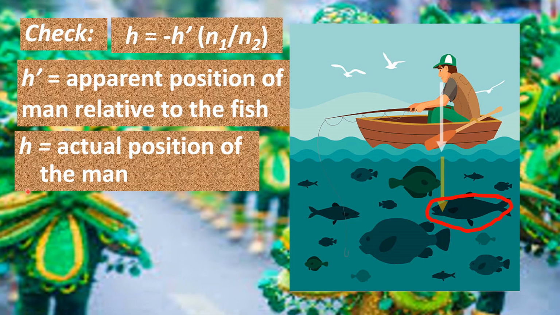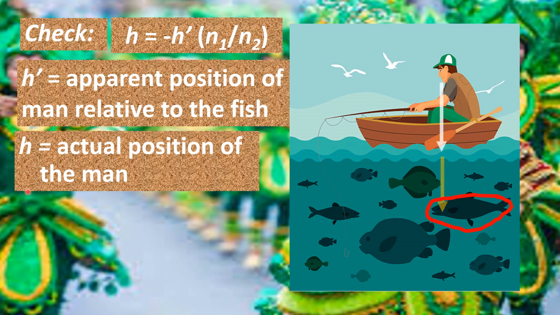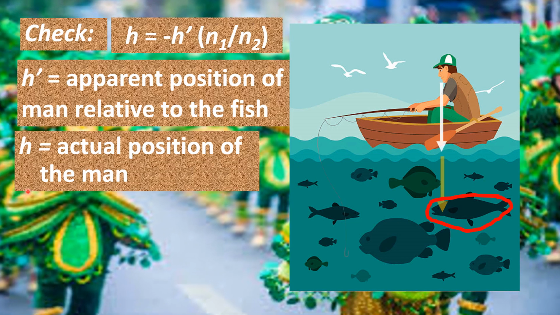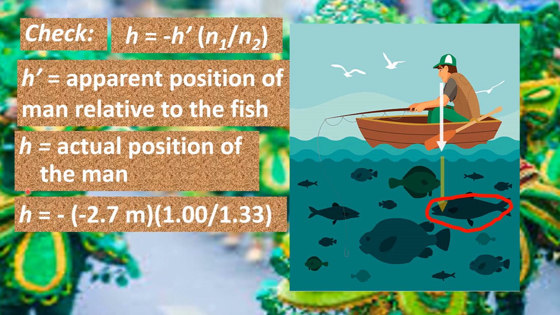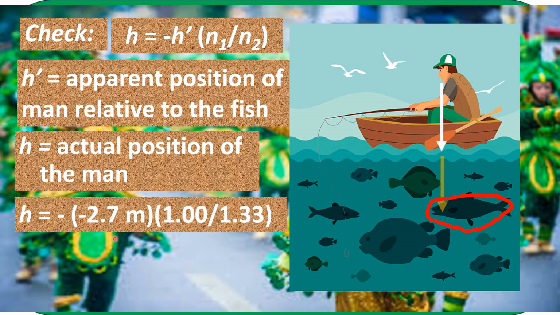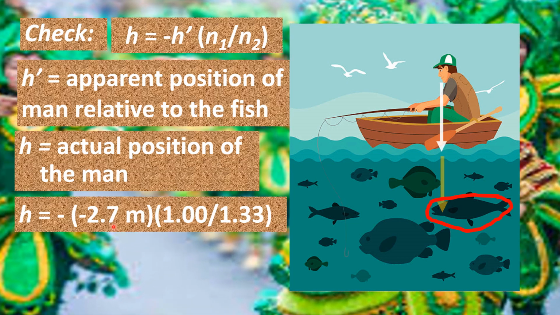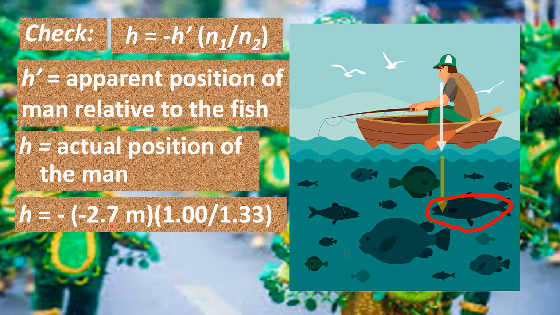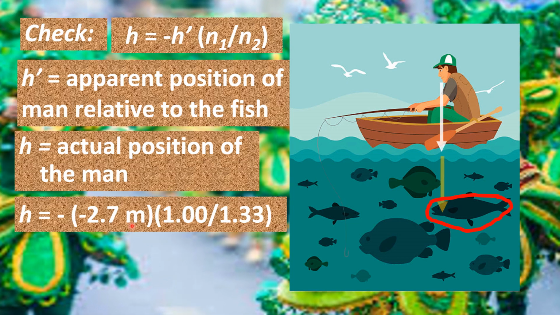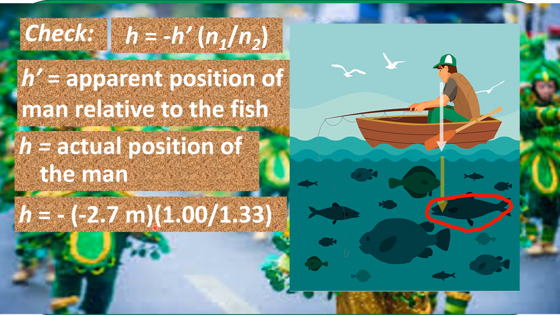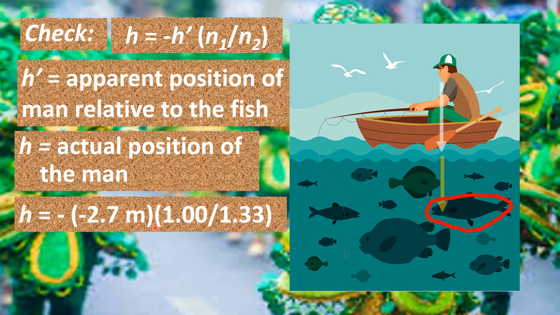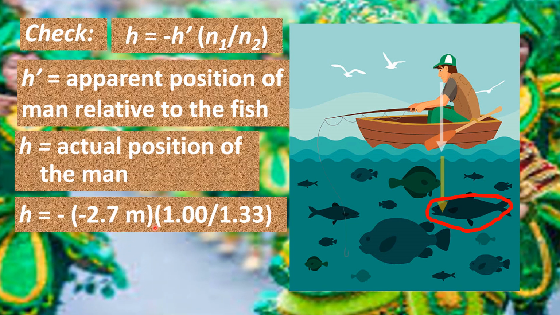So solving for h, we get h equal to negative quantity negative 2.7 meters. Negative 2.7 meters is the apparent position of the man as seen by the fish.